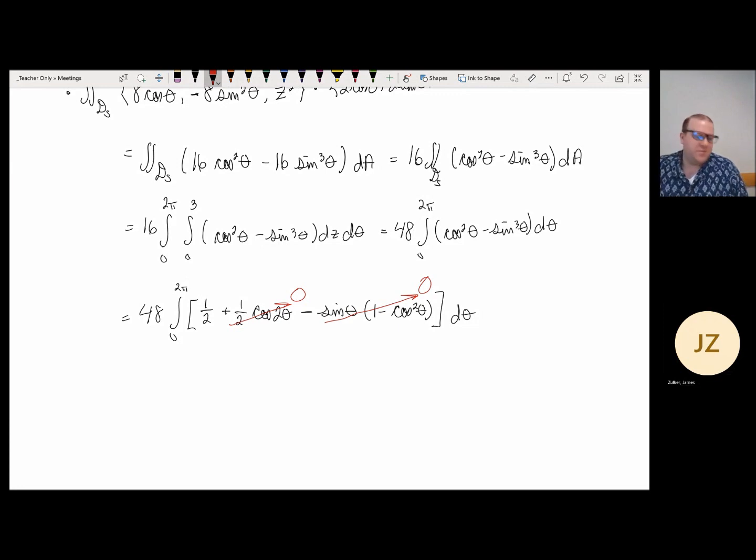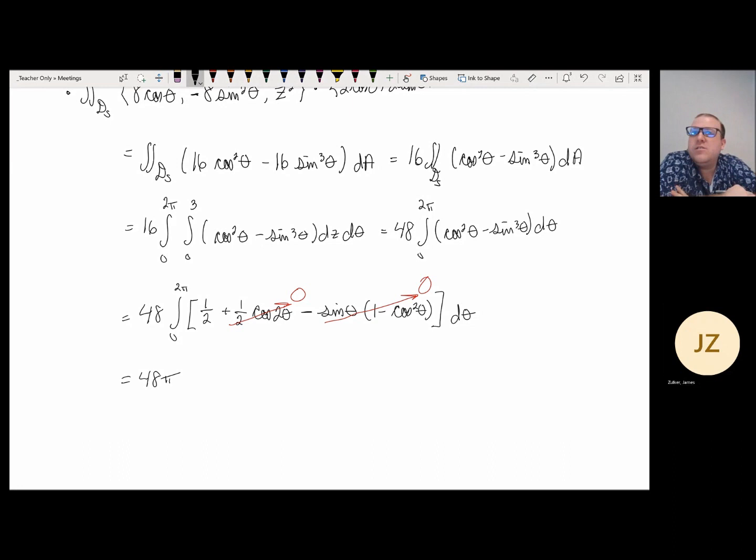That whole thing evaluates out, or those last 2 terms will evaluate out to 0. Yay. That integral is just half of 2 pi, which is pi.